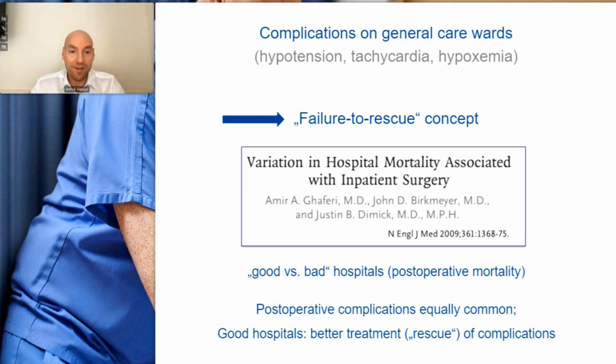Meaning that good hospitals can implement better treatment strategies and better rescue patients when they have complications.